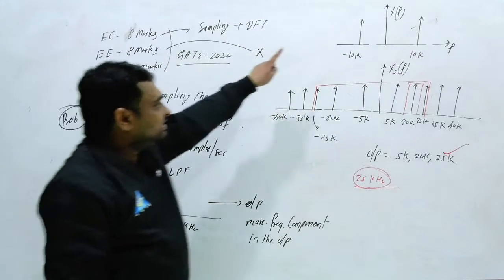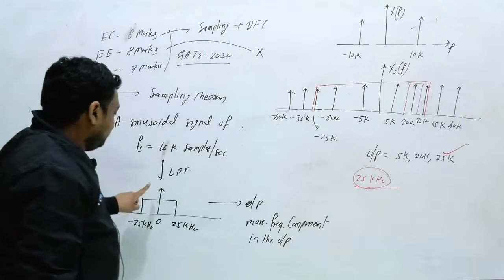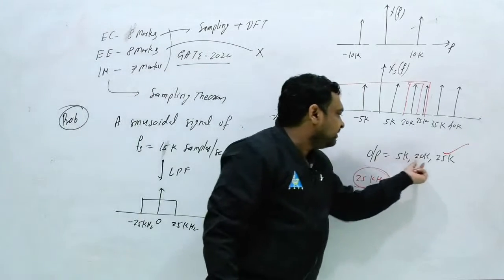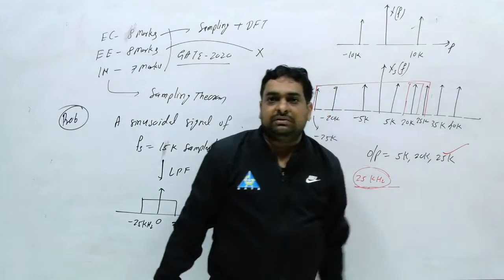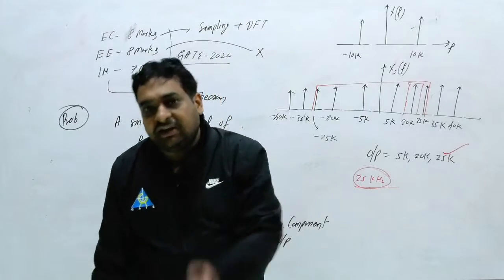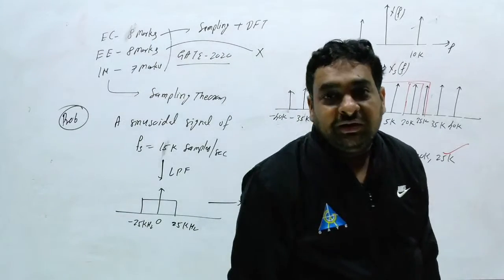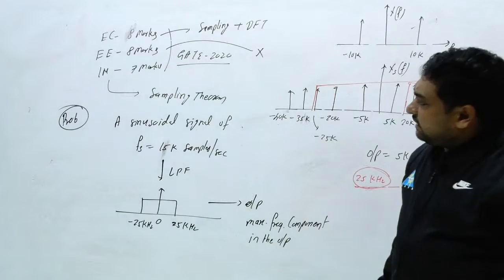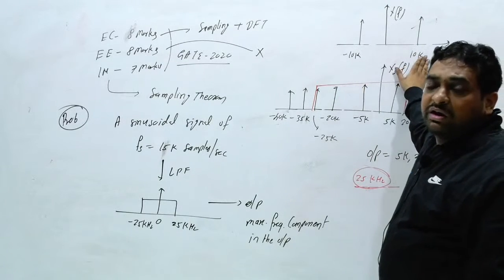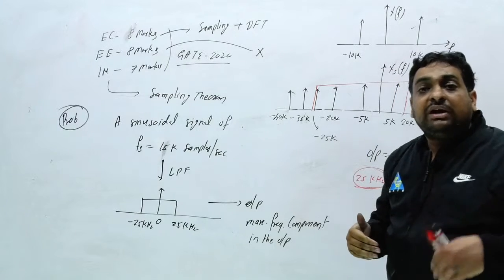Just sample this signal and pass it through the low pass filter. Then you get three signals here: 5K, 20K, 25K. This is the magic. Many sinusoidal signals can be created by this sampling process. What you want, you can create. If you have a 10 kilo sinusoidal and want 5 kilo, you can create it.